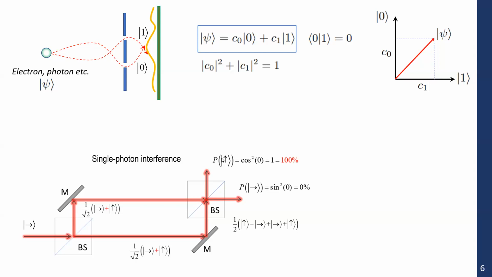This is the clear demonstration of the existence of quantum superposition, and it's also a nice picture that demonstrates how this superposition differs from the classical superposition of fields. For example, if you have a resonator with two modes, and the modes can be orthogonal, the total field in the resonator is the superposition of two modes. So this is a superposition of two realistic fields, just a sum of them, or vectorial sum.